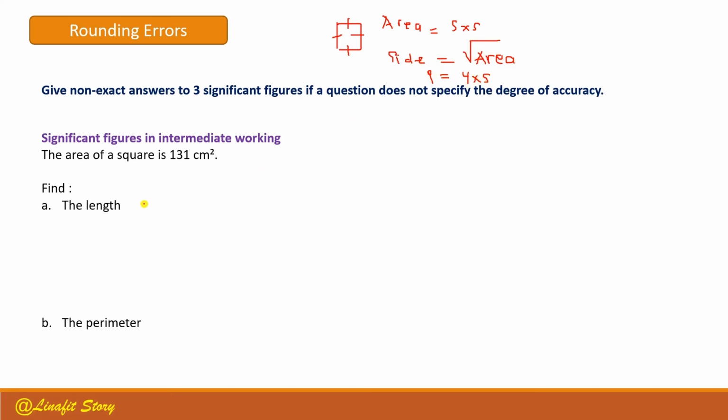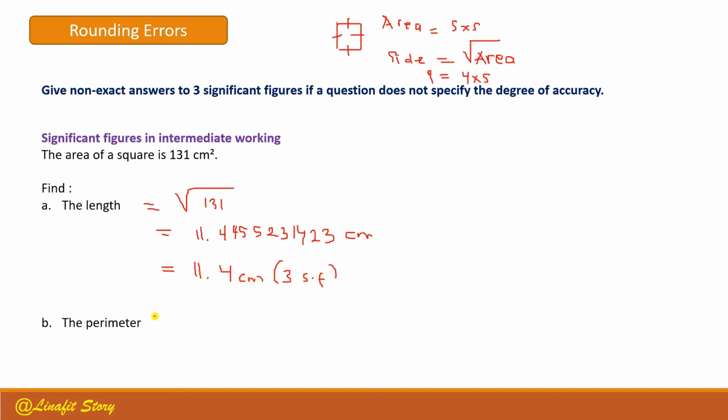So here, to get its length is the square root of 131, which is equal to 11.4455231423 cm. If we round it off to 3 significant figures, the answer is 11.4 cm.